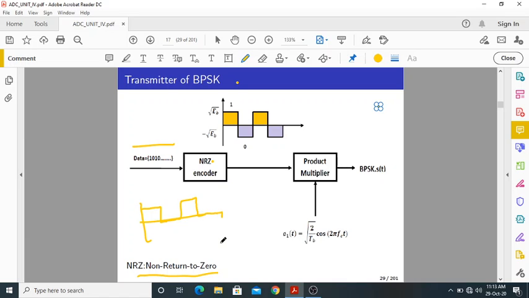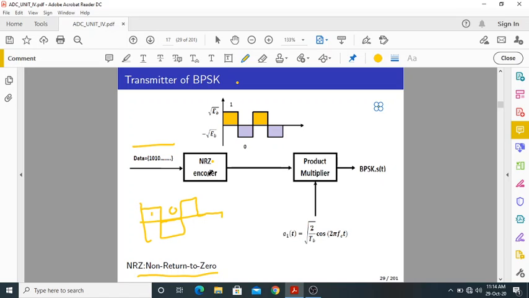I can write it this way also: 1 for 1, 0 means 0. It is one way of writing the same data. We can also write like this: 1 means 1, 0 means minus 1. It is one more way of representing the same digital data. It is called non-return to 0.